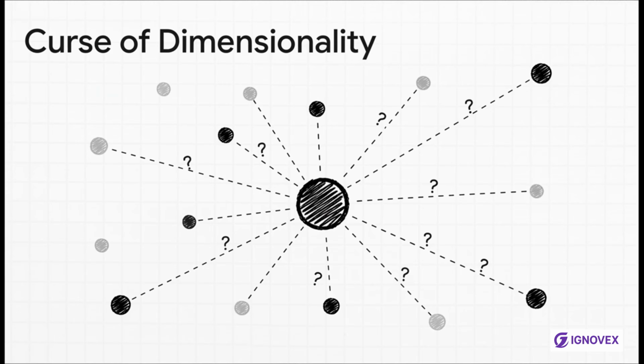Everything starts to seem equally far away from everything else. That contrast between near and far just kind of vanishes, and our standard rulers become way less reliable. It's like trying to navigate in a thick fog. This is a huge challenge in the field, and it's why data scientists have developed all these clever techniques to try and cut through the noise.